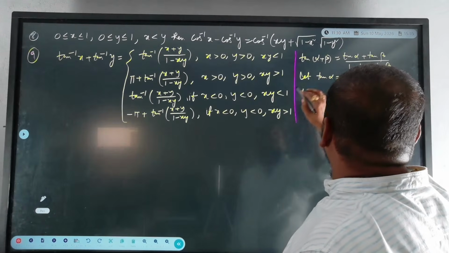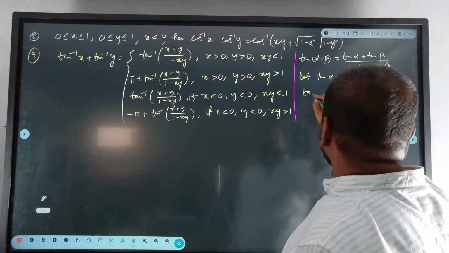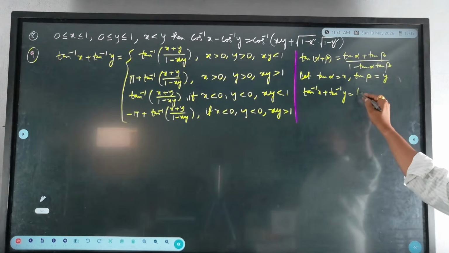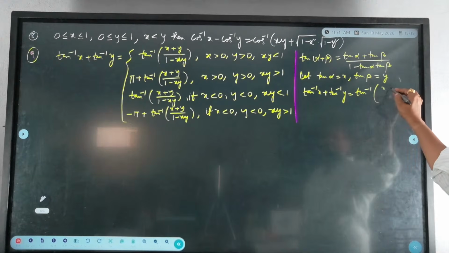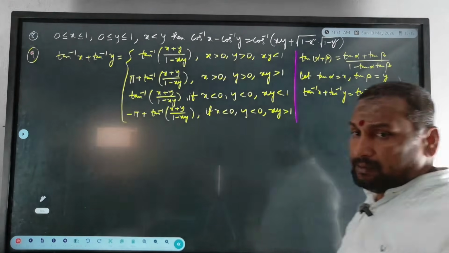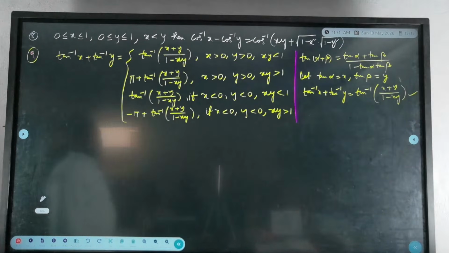So alpha is tan inverse x, beta is tan inverse y, is equal to tan inverse of x plus y by 1 minus xy. This is direct conversion, but we have to observe the angle. Have to verify the angle. That's the point.